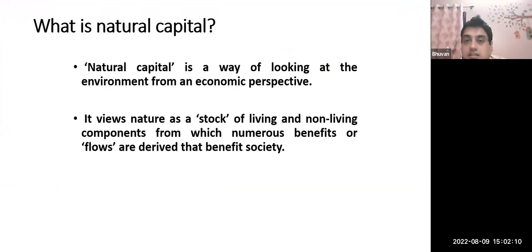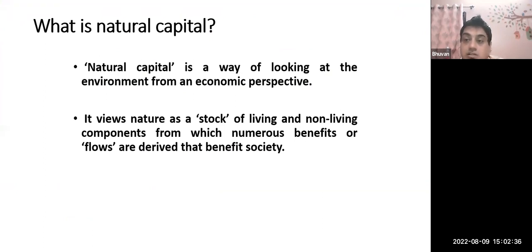As in business and economics, we have financial assets or cash. Similarly, in nature, if we talk about nature from an economic perspective, there is a term called natural capital, which refers to the stock of various living and non-living components from which various benefits can be derived.